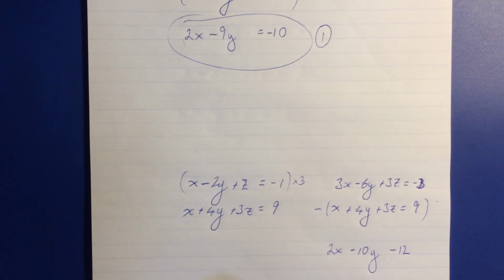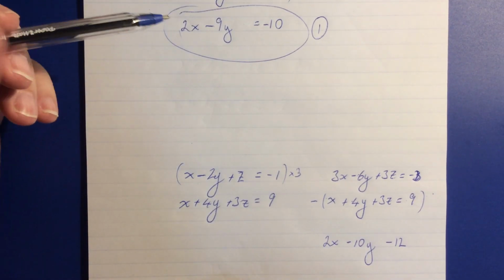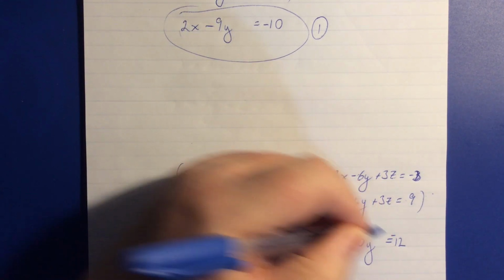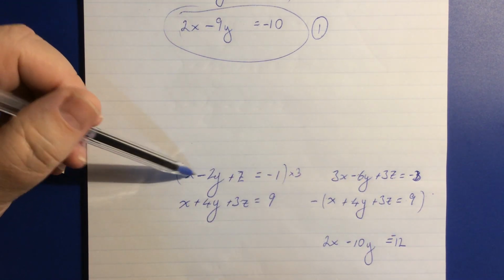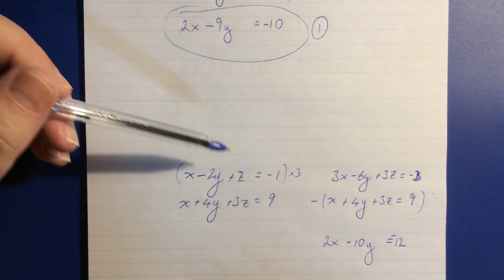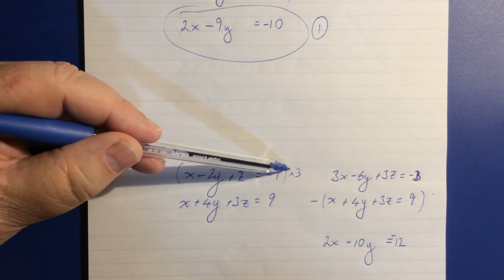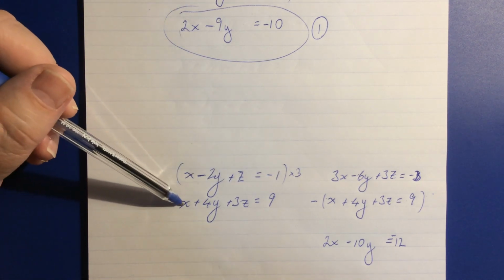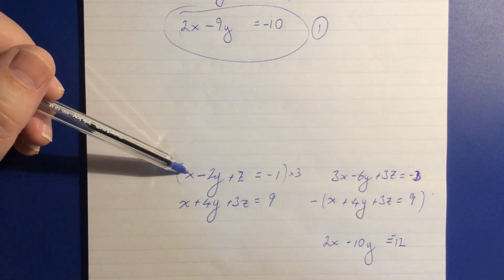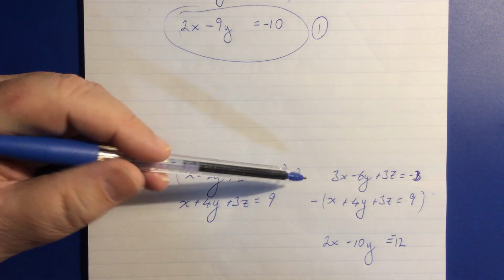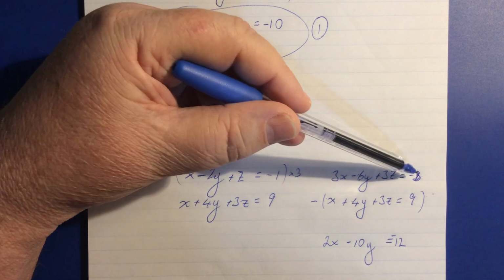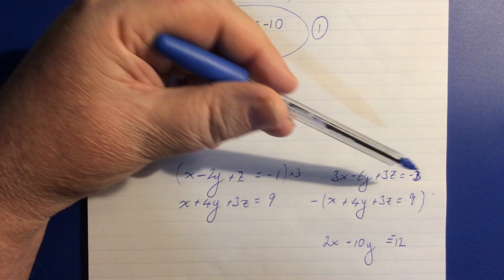The second equation I found by doing the following. X minus 2y plus z, my first of the equations, I multiplied by 3 because the second equation I chose had 3z in it, and I want to eliminate my z's. I want to get down to x's and y's. So this becomes 3x minus 6y plus 3z equals -3.